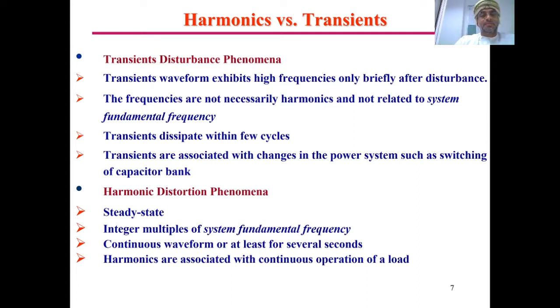Transients dissipate within a few cycles. Transients are associated with a change in the power system, such as lightning strikes, or switching of a capacitor bank.